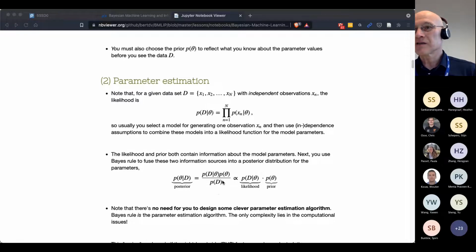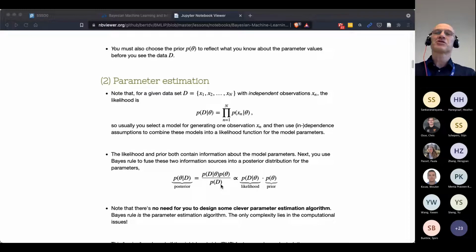The denominator, what we call evidence, is really just P of D given M, right? I mean, all of these probability distributions are really given M. We call that the evidence for a model. And it can be computed by integrating the numerator over theta. So this is not something you specify.